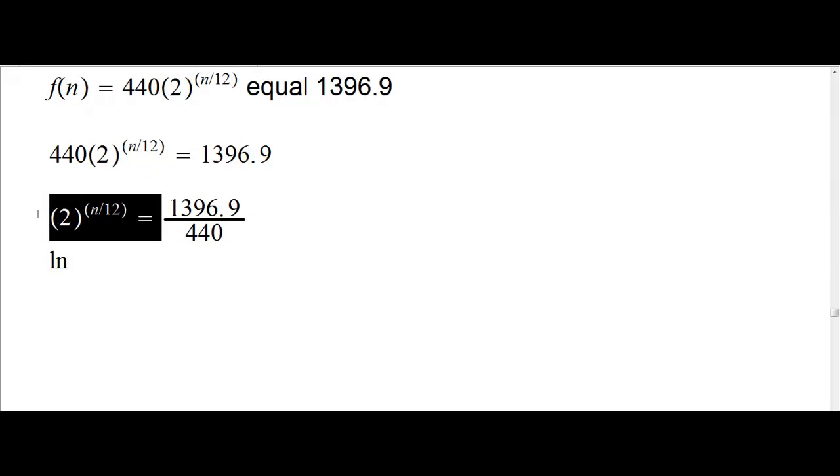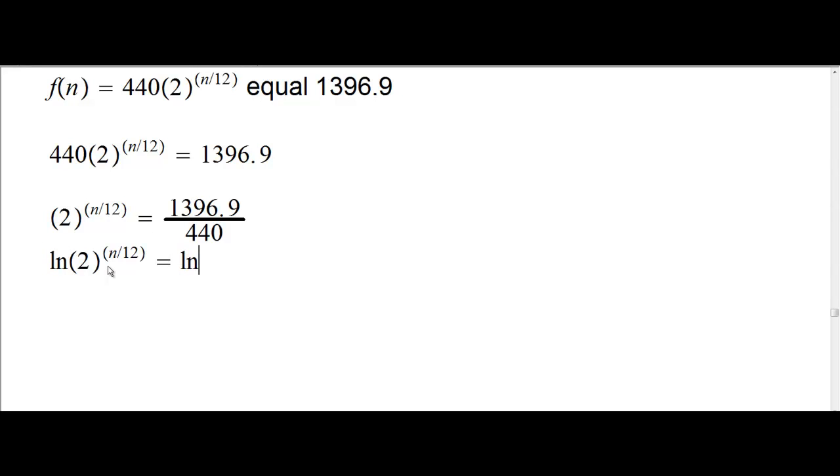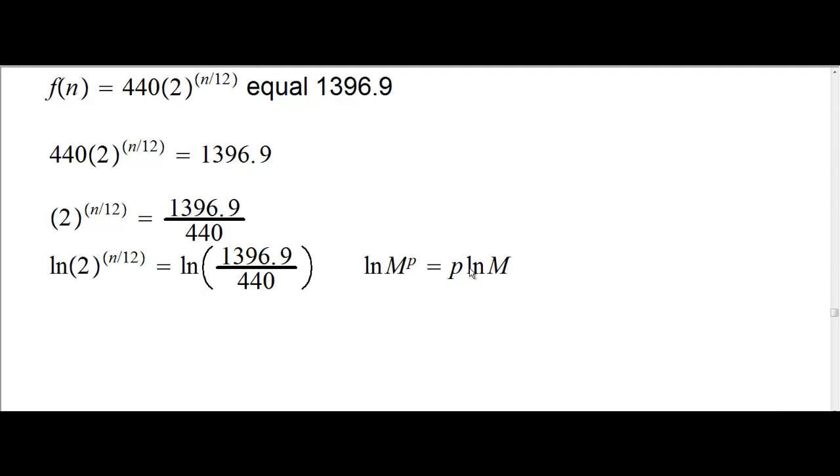That will pull that power down for us. And why could we do that? Because natural log has this property that if I take the natural log of a power of a positive number, the power steps down as a factor.